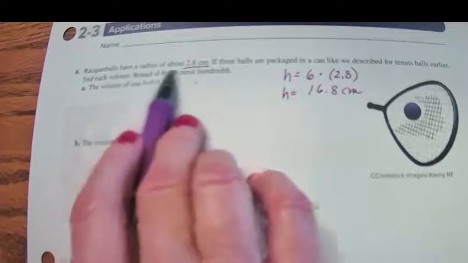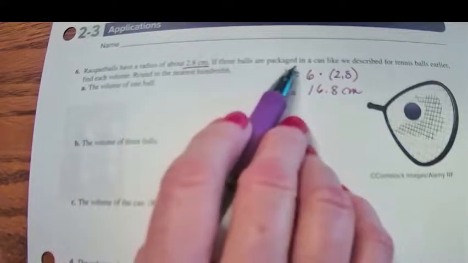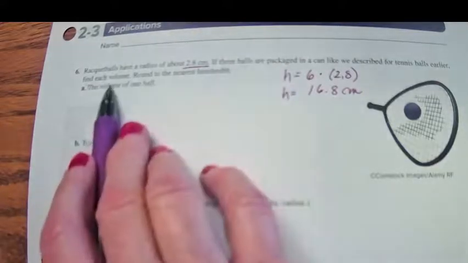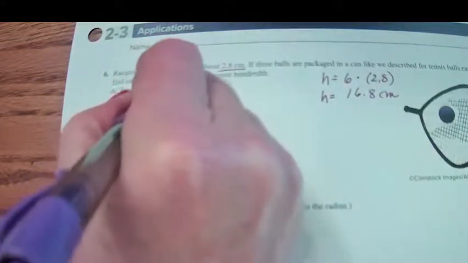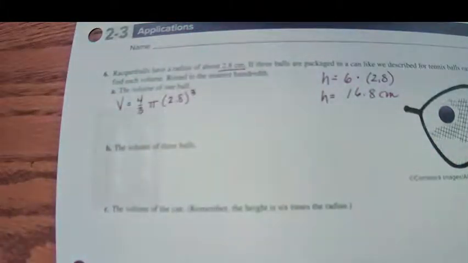So racquetballs have a radius of this. If our 3 balls are packaged like the can, find each volume. So what's the volume of one ball? The volume of a sphere is 4/3 pi times the radius cubed.